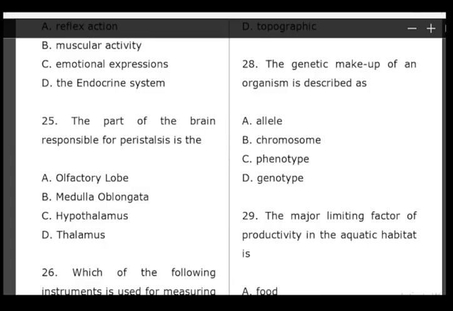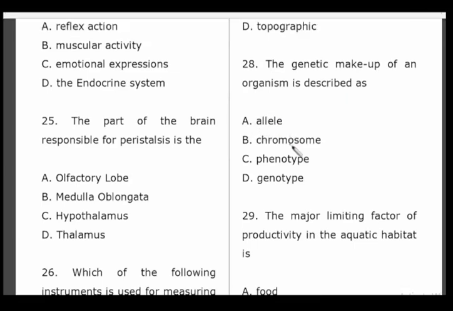So we move to question 28. The genetic makeup of an organism is described as A. Allele, B. Chromosome, C. Phenotype, and D. Genotype. This brings us to talk about genetics and variation and all of those chromosomes. So what is an allele?